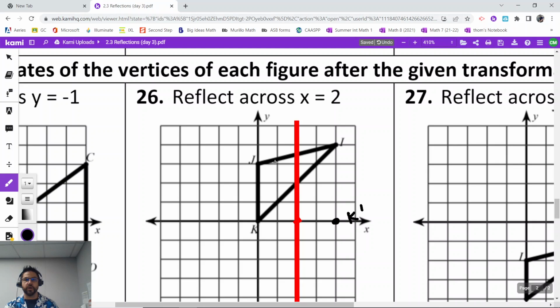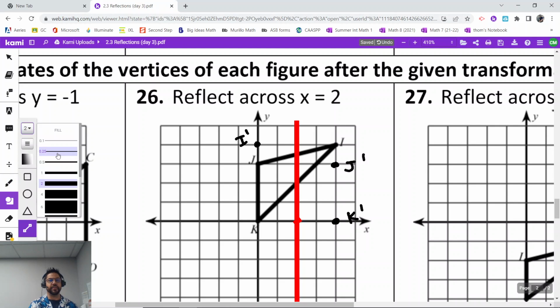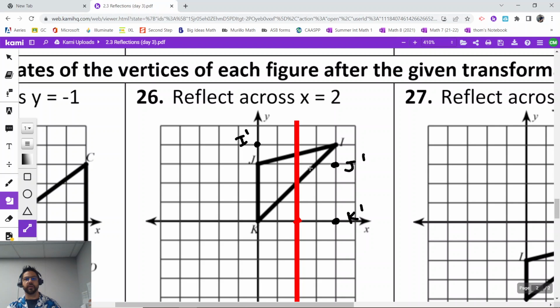J prime. I, that is 1, 2, 1, 2. I prime. All right, let's go ahead and connect it, make our awesome image, and then we'll talk about the actual vertices, meaning the coordinates for that letter.